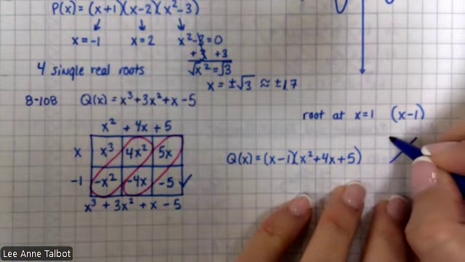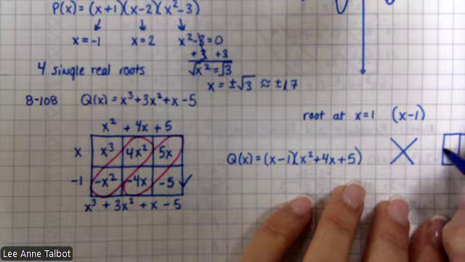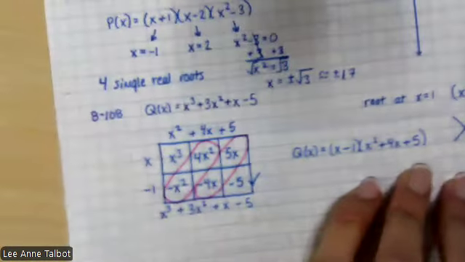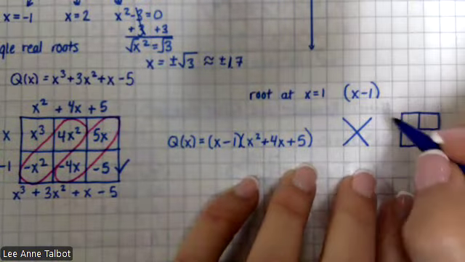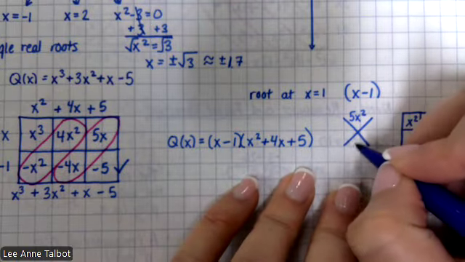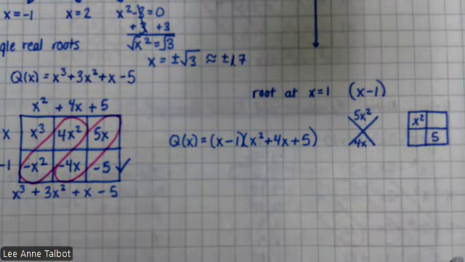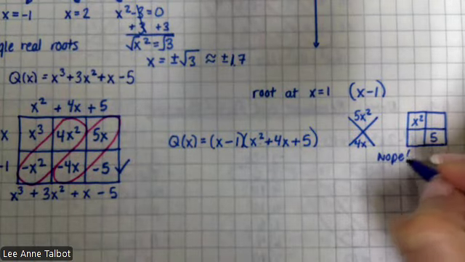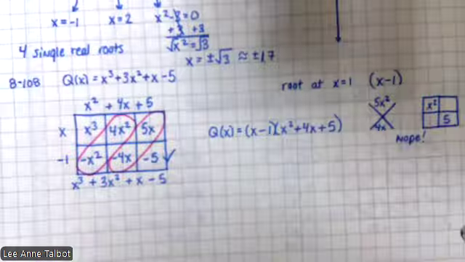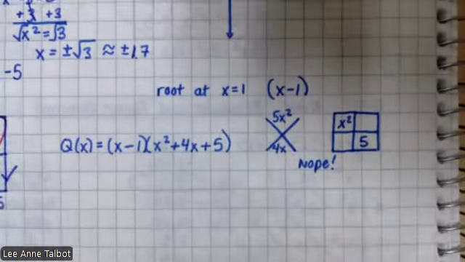However, we already know because we looked at the graph that it's not going to work, but just to make sure that our notebook looks nice, you're supposed to try to box and diamond. And it doesn't work.